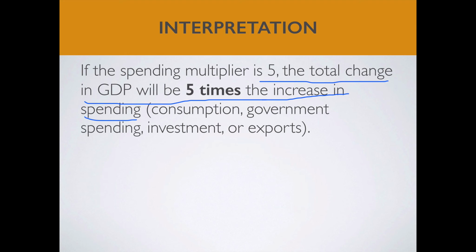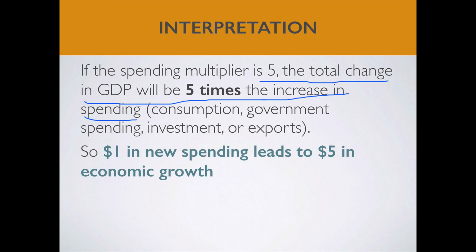And that increase in spending could be any of these things. It could be consumption, government spending, investment, or exports. It's not going to be an increase in imports, though, because imports is negative. So just to go a little bit further with this, this means that $1 in new spending leads to $5 in economic growth.